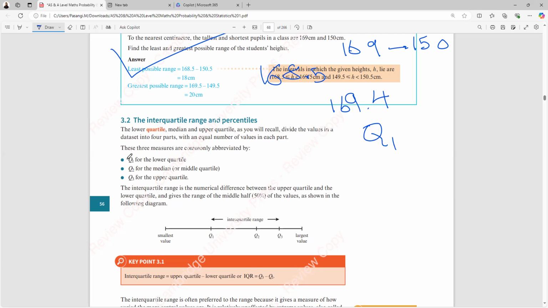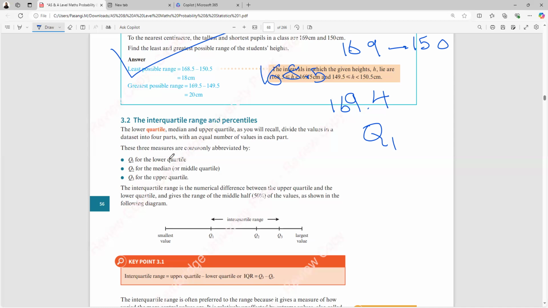The lower quartile is Q1, then Q2 we call the median or the middle quartile, and the third quartile we call the upper quartile. As you will recall, the lower quartile, median, and upper quartile divide the values in a data set into four parts with an equal number of values in each part. These three measures are commonly abbreviated by these values.